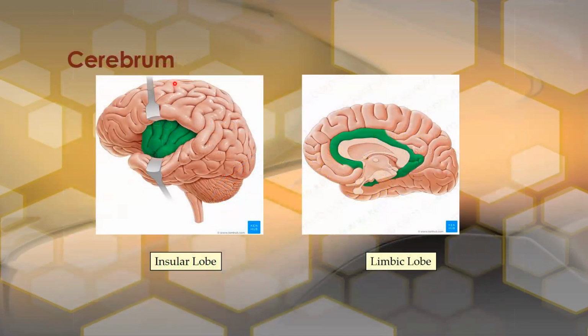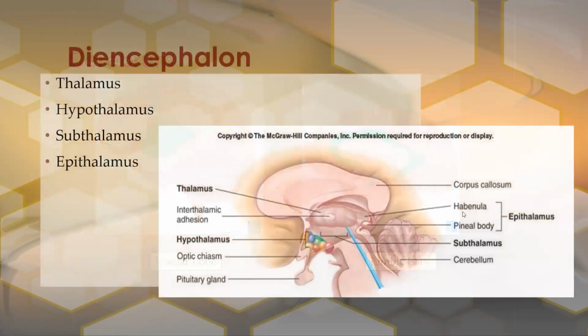Other than those, there is the insular lobe, which is hidden inside; when you remove the Sylvian fissure, you see the insular lobe. And there is the limbic lobe, located deeper in the cerebrum.